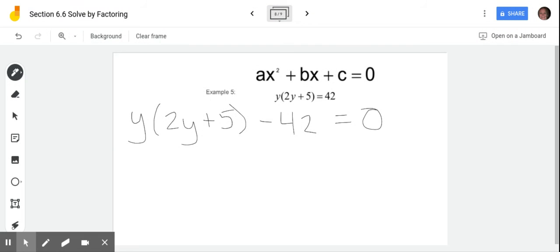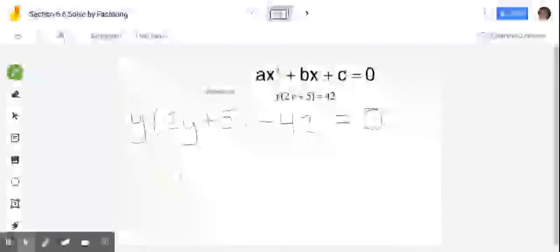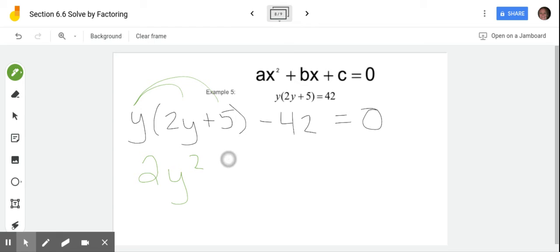The next thing I'm going to do is clean this up a little, and I'm going to distribute. So I get 2y squared plus 5y minus 42 equals 0.